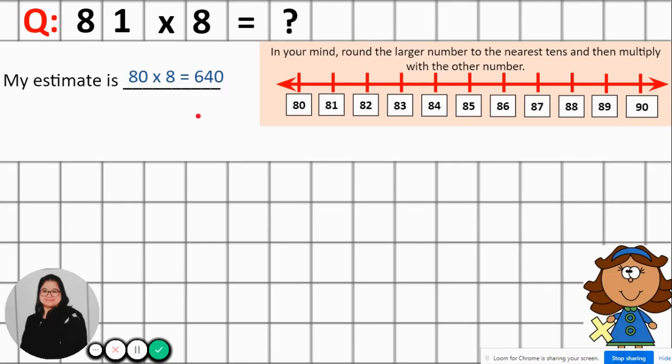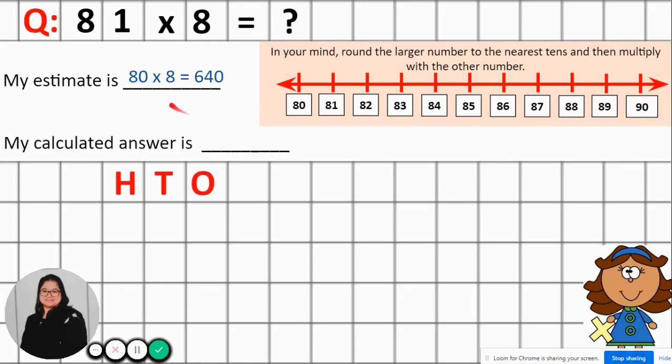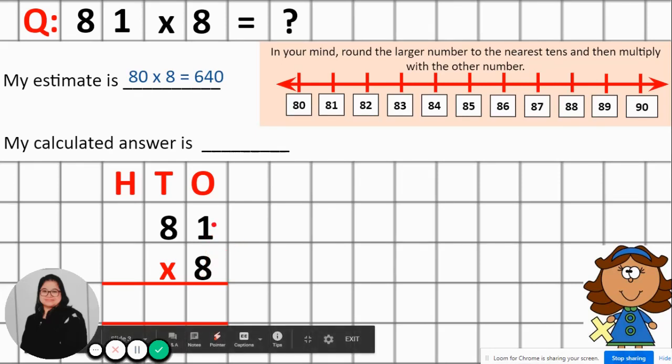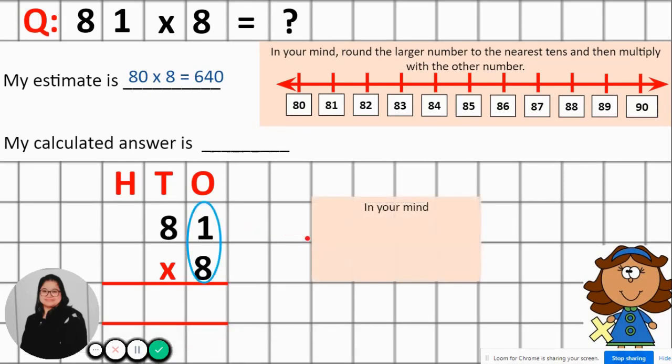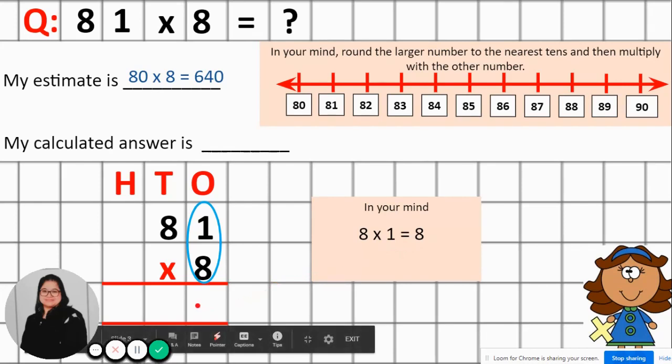Now let's go ahead and calculate our answer. So first thing, write the larger number in the correct place value and the smaller number with the multiplication sign. First, we will calculate ones place with ones place. So in our mind, we have to do 8 times 1 will give us 8. So we simply write it over here because this is also in ones place.